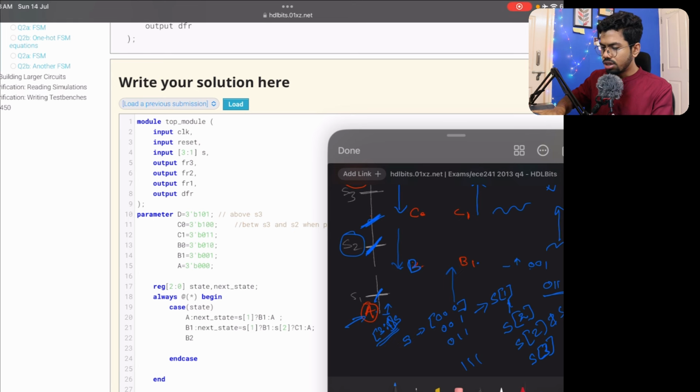Likewise B2. Now, when you are at B2, you can receive three inputs, and if I am still at S1, implying I will be at B2, not B0. I'm extremely sorry for this confusion.